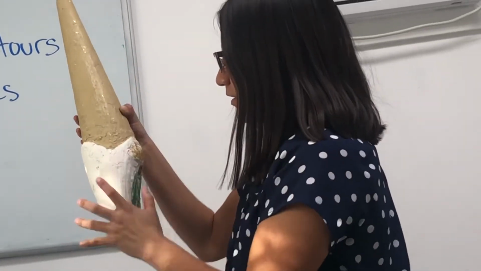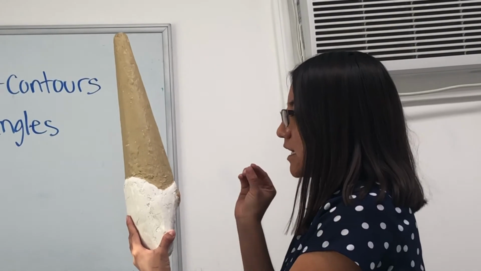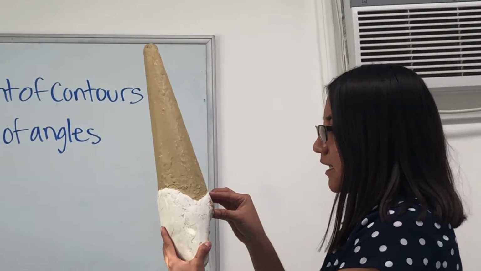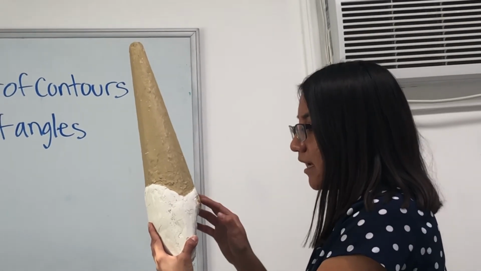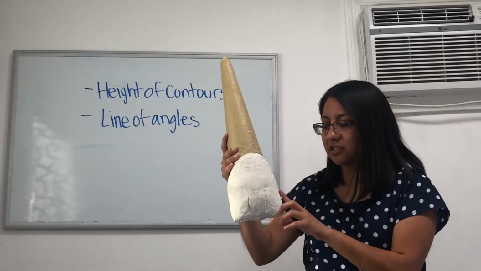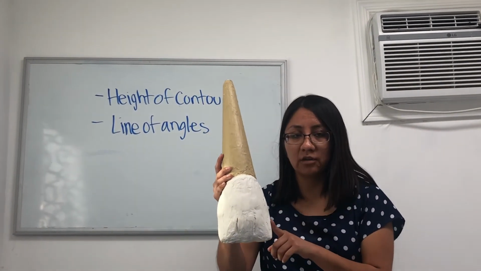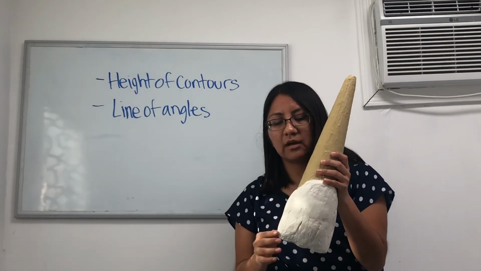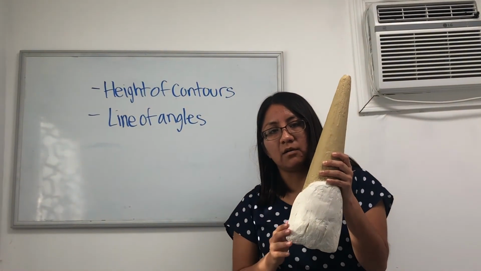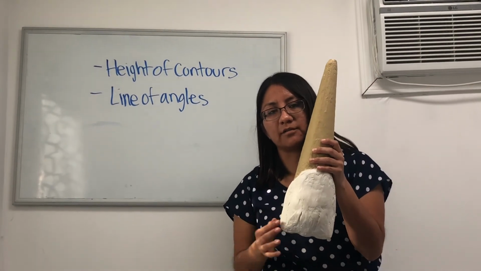And on the lingual, the height of contour is at the cervical third as well, and it has a more protruded convex area. As to the mesial, the height of contour is on the incisal third, and on the distal, the height of contour is at the incisal middle, at the junction of the incisal and middle third.